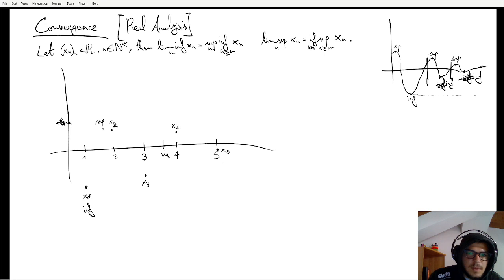Let's say m equals 3. So this is the supremum over m of the infimum.